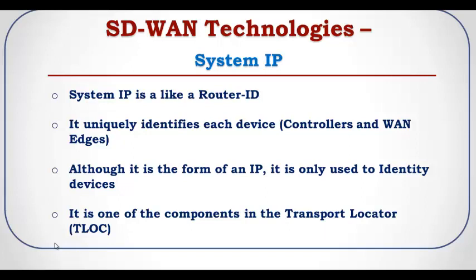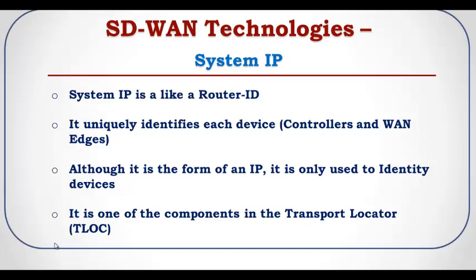Identifying the device is one of the components in the TLOC. In a TLOC we have three components, right? One is the system IP, which is nothing but the identity, the router ID. First, in the TLOC we need the system IP: where am I going?